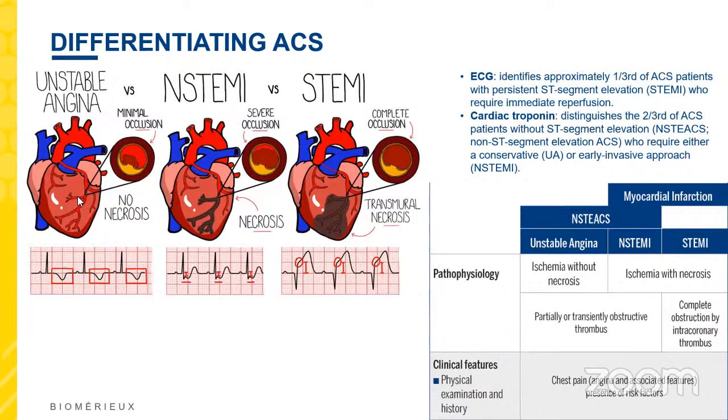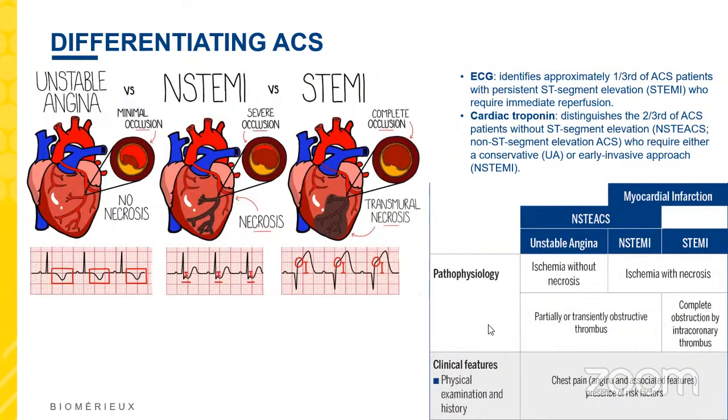You just have reduced blood flow. The ECG normally appears like that. The next one is what is called non-ST elevated myocardial infarction. The ST is a segment on the ECG, and basically it's not elevated. The one that has ST elevation looks like this, where it's elevated a little bit compared to this one. And basically here you have severe occlusion, and here you have complete occlusion.